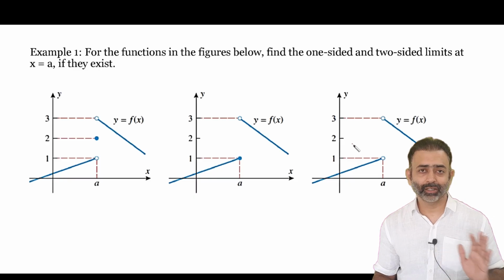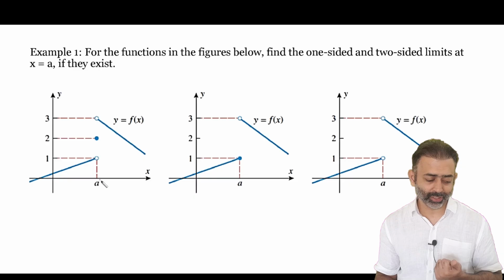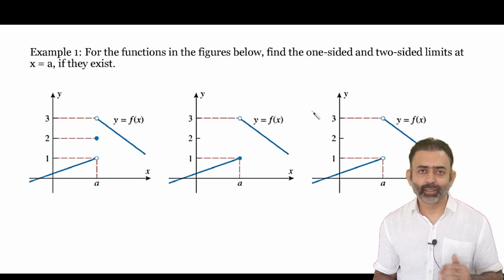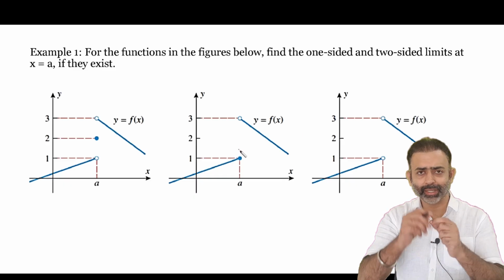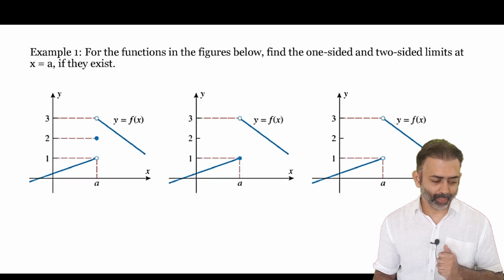Although all the three functions are different, the value of the function at x equal to a here is 2, here it is 1, and here it is not defined at x equal to a. In all the three cases, limit does not exist because clearly there is a break in the graph. Just remember that mountain thing.